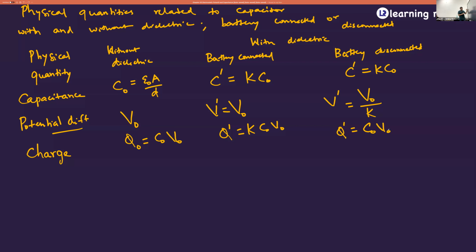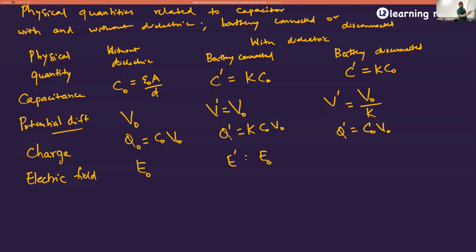If I call the initial electric field E naught, what will be the electric field in this scenario? E dash will also be E naught only, because E is equal to V by D. Distance is not changed. When V is V naught, E will also be E naught.